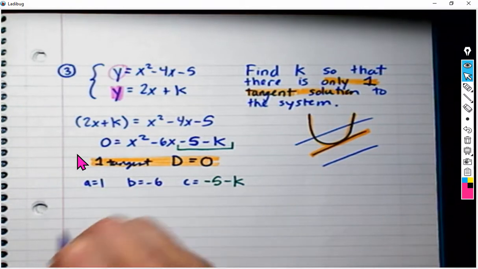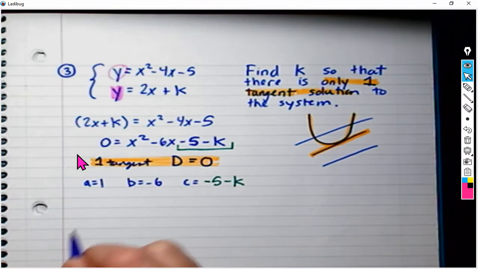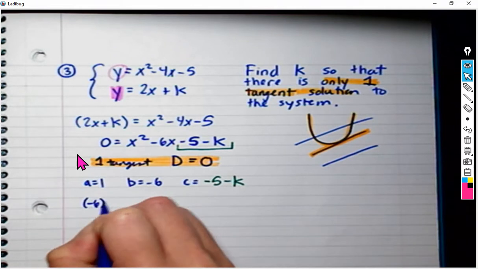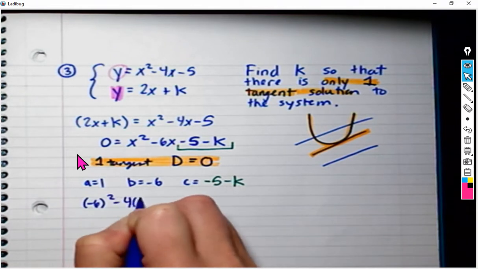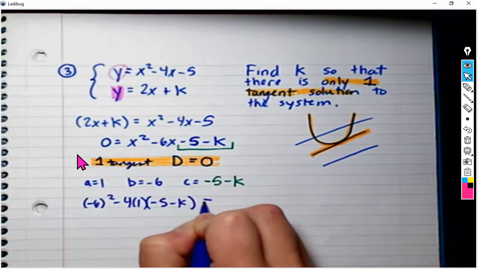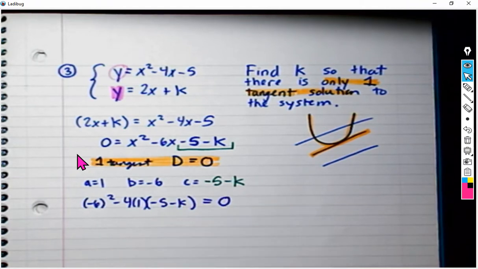All right, well, let's see if we can put it together. B squared minus 4AC equals 0.